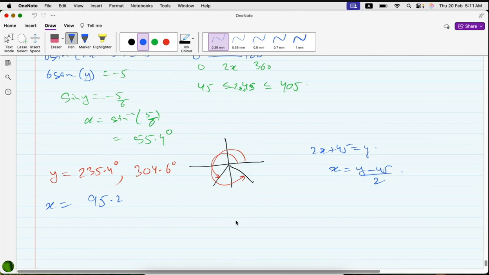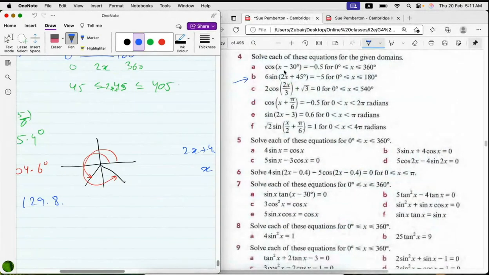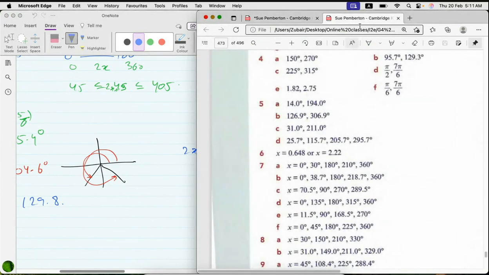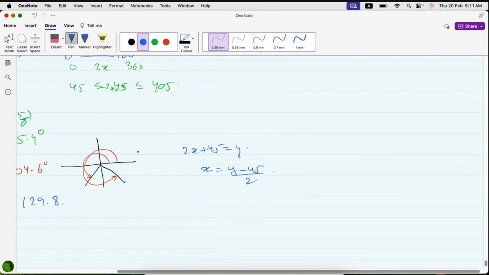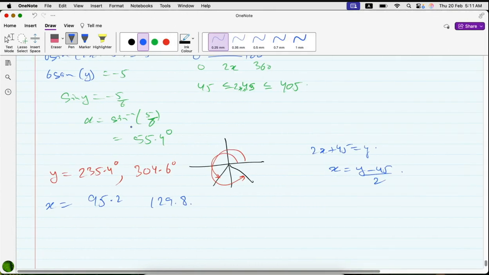Let's see. 304.6 minus 45 divided by 2 is 129.8. 125, 95.2. That was supposed to be 7. Quickly checking it. 235.4 minus 45 divided by 2.